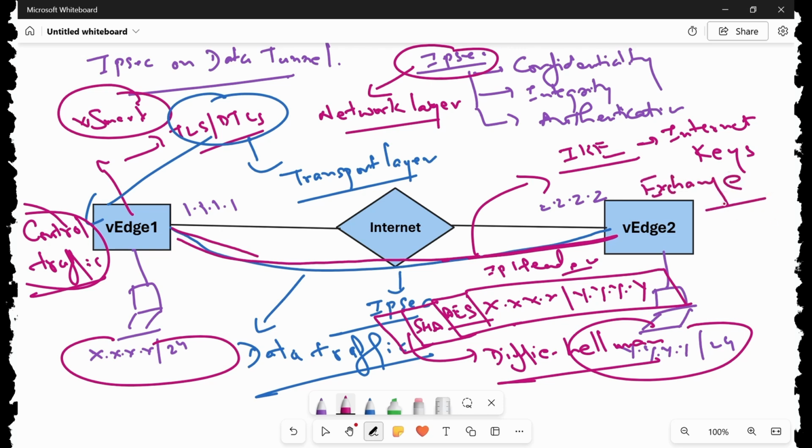This IKE is basically the IPsec phase 1.